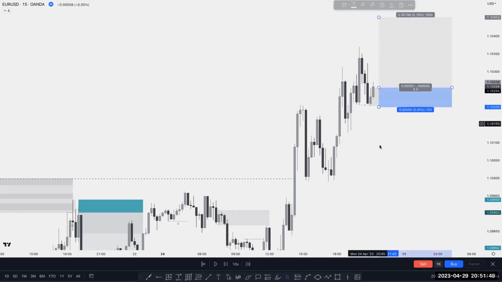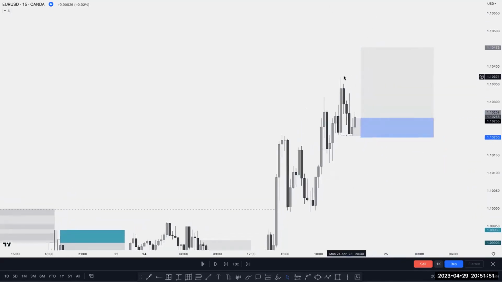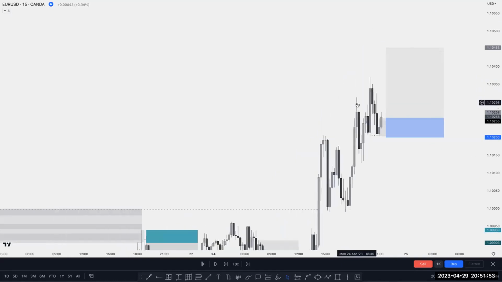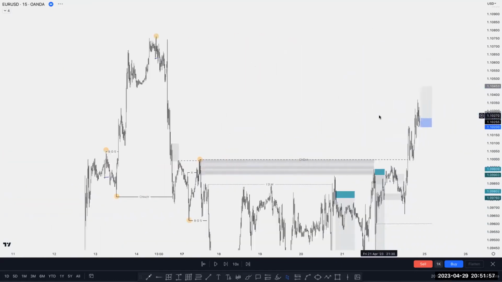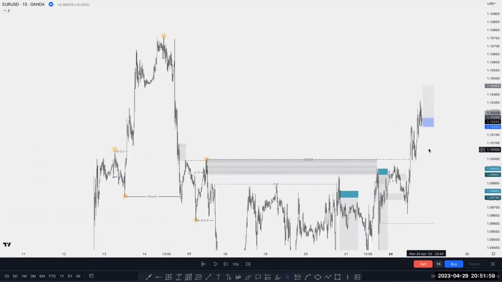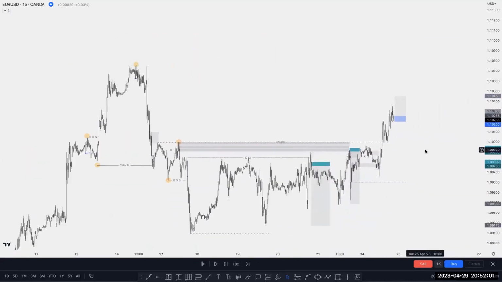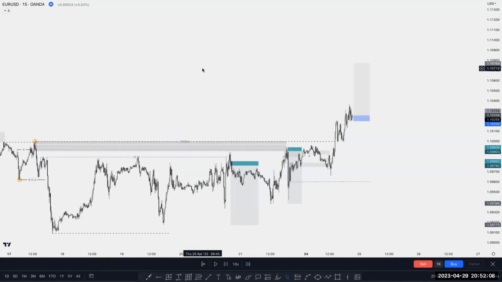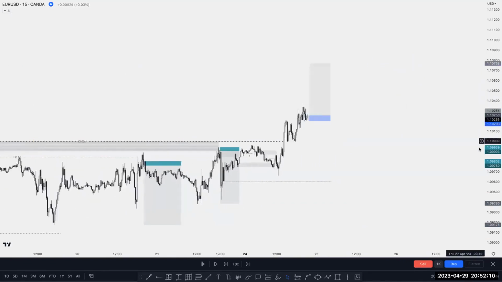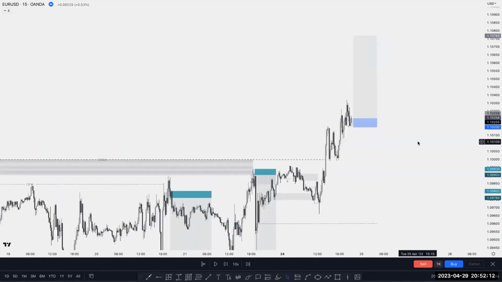You can take entry here for the buy and at least target the previous high here, right? And this is our target. Okay. And the actual target was here. The previous high is here, right? So simply you can take entry on this one.